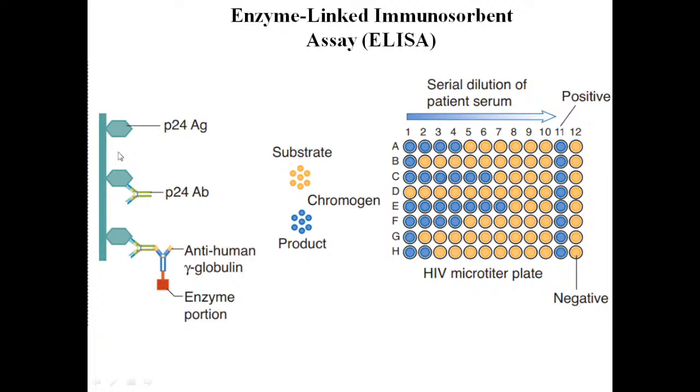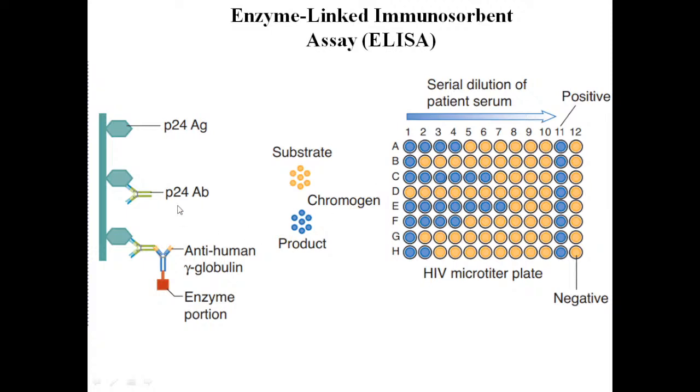Firstly, we should add known antigens in this plate. Then we should add serum from the patient, in every variant, in every hole.